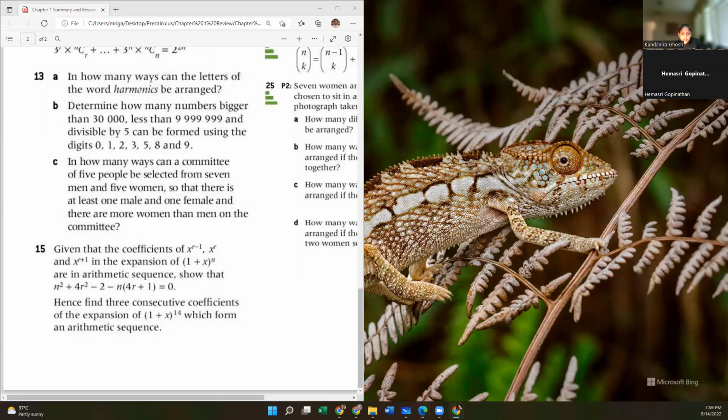Those are the 2 marks. Does it necessarily mean 2 steps?